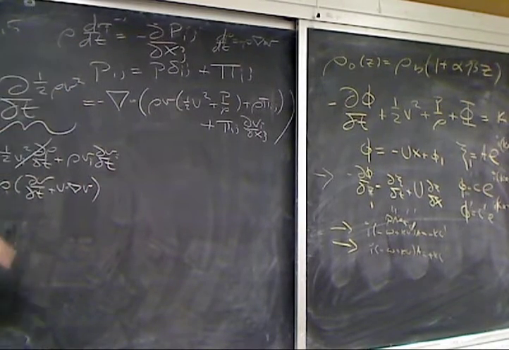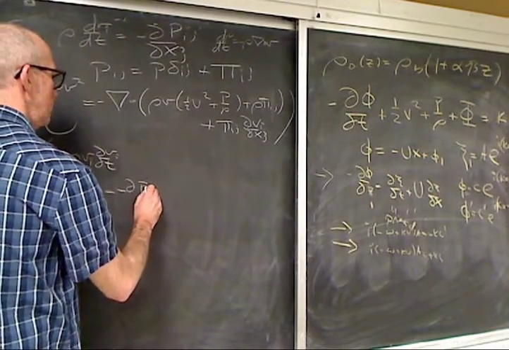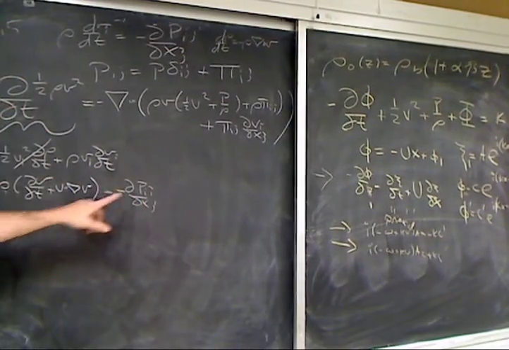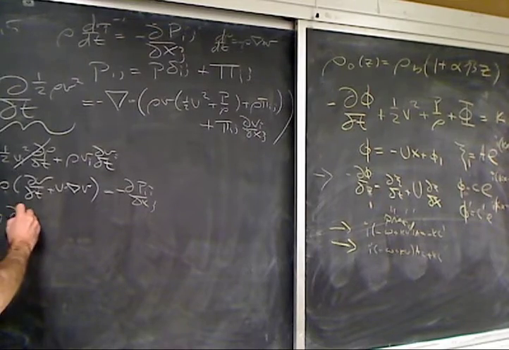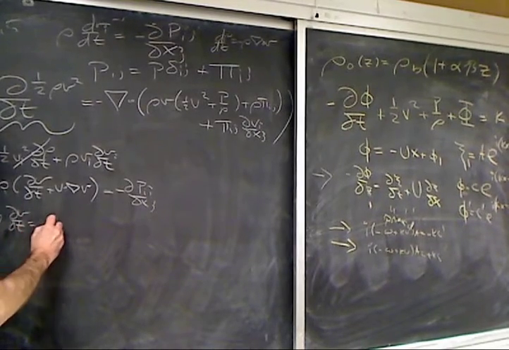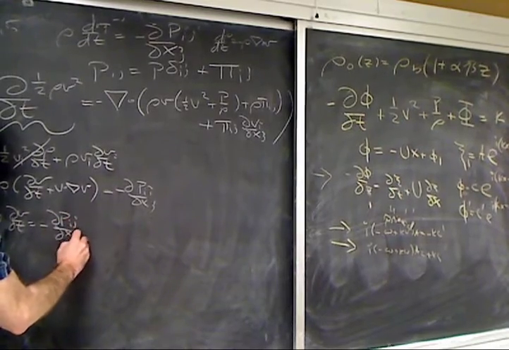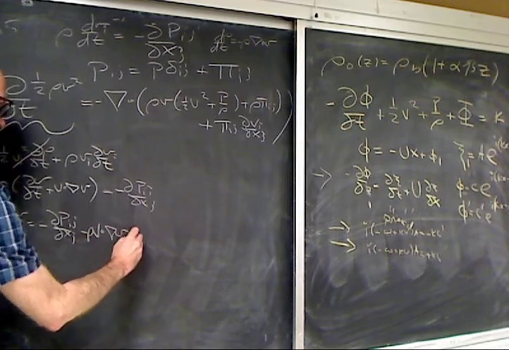That's that. Equals minus dpij dxj. So let's punt that guy over to the other side, and we get rho dv dt equals minus dpij dxj minus rho v dot grad v.